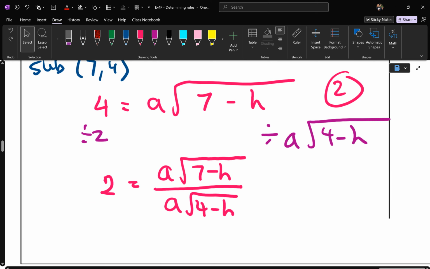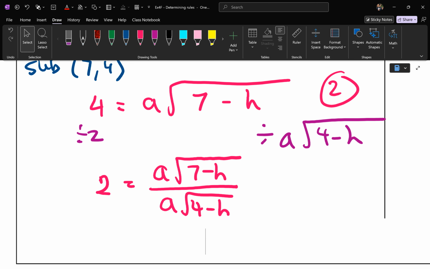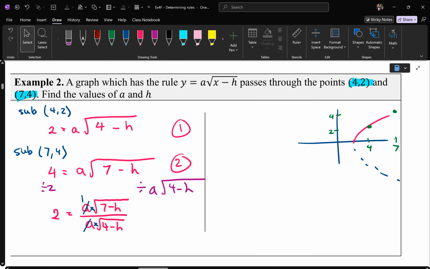This part here, you can't do surd divided by surd. Or actually, you can combine them together. But the a divided by a, that a at the front just means times. But if I separated the two, a divided by a cancels out to be 1. And then here, I've now got this fraction.